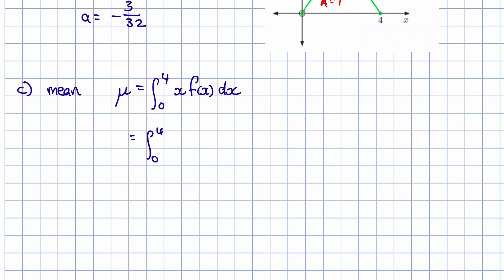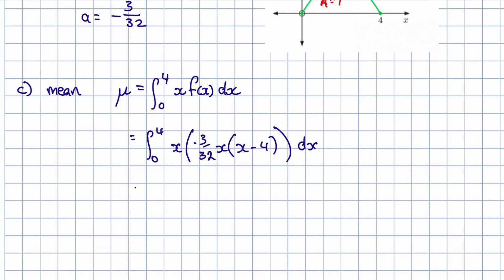Keep it in the right order. So we've got the x that's coming from here, and then we're going to multiply that by the negative 3/32 x, lots of x minus 4, dx. Okay, so I've just written it out in full so we can see it.